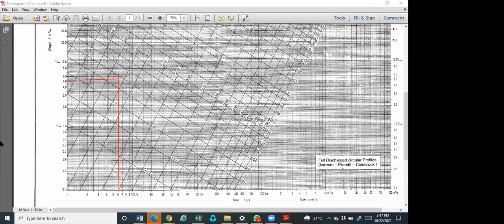Mouse is not moving. Okay. So if I go to 8 point something, which is here. So 8, I'll trace it to 3.3, somewhere here.